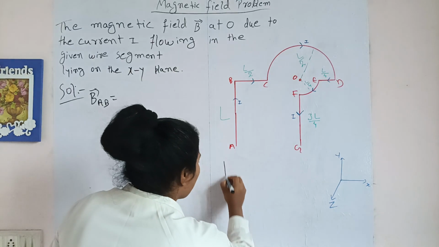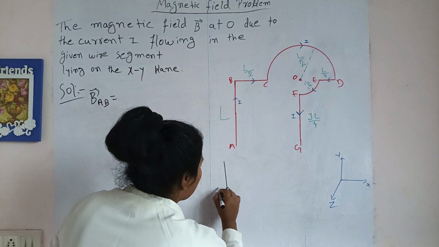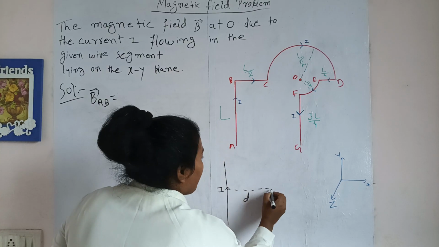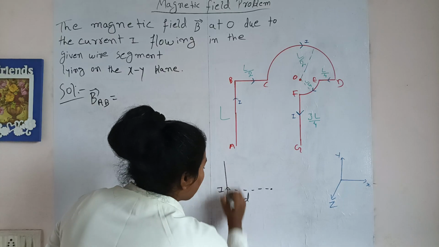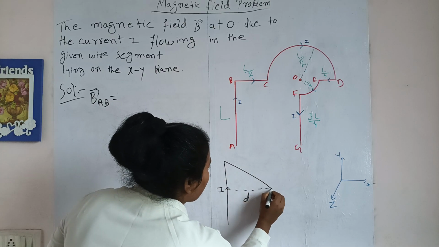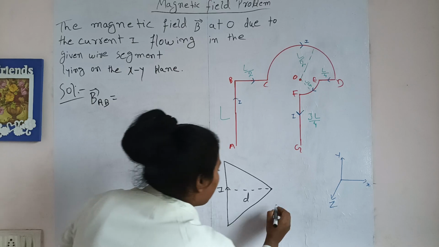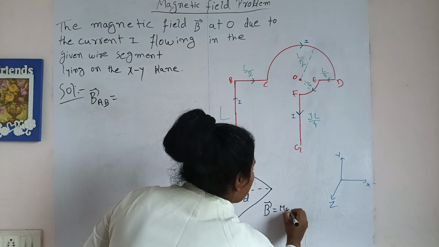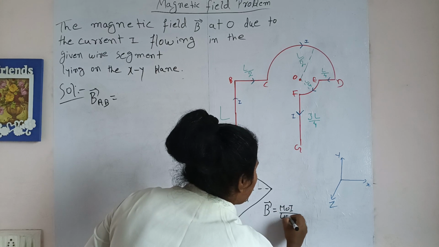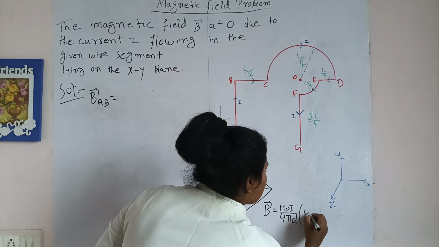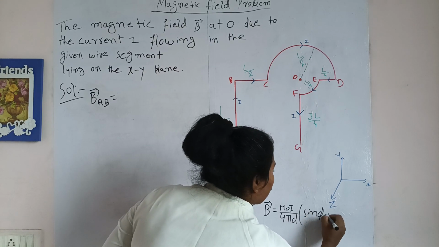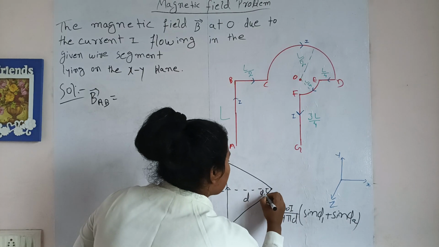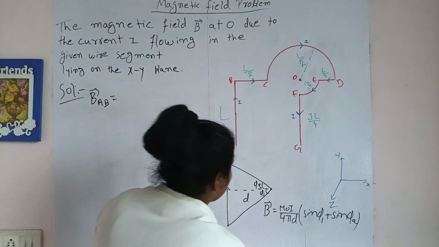If a wire is straight like this with a current I, then at a perpendicular distance d, the magnetic field due to this wire segment is B equals mu naught I by 4 pi d times (sine phi 1 plus sine phi 2), where phi 1 is this angle and phi 2 is this angle.